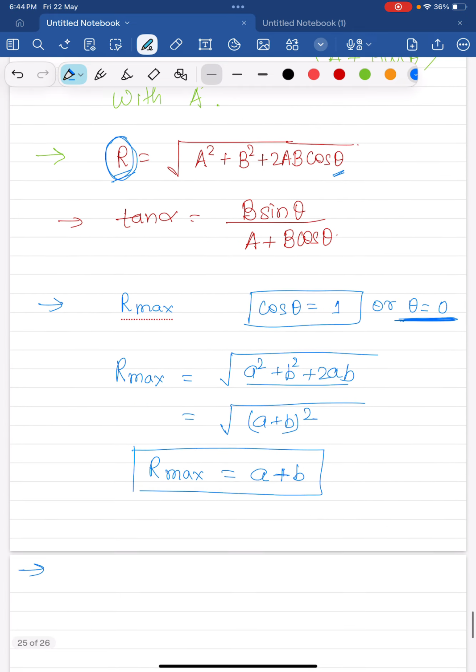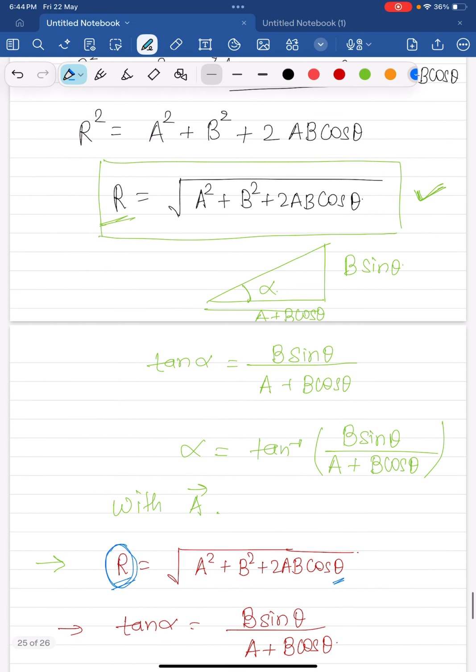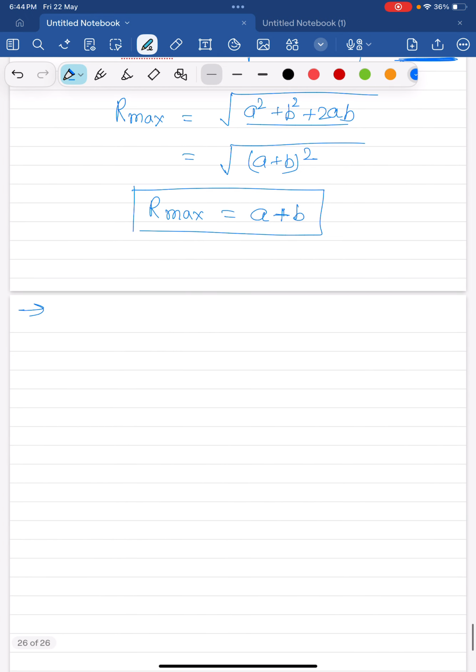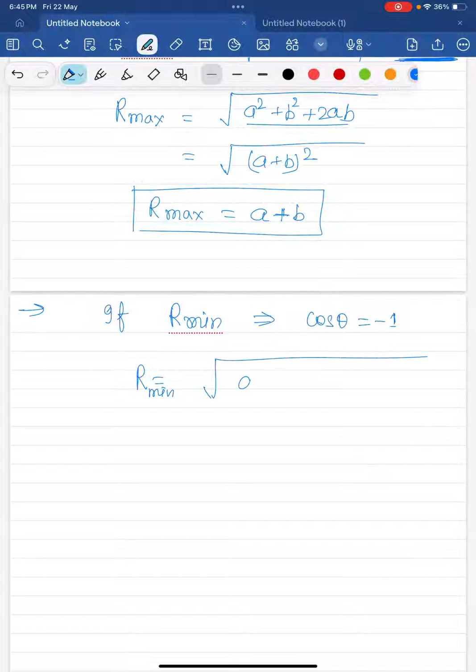Similarly, if the value of cos theta is minimum, then the magnitude of resultant vector will be minimum. So if the magnitude of resultant is minimum, this implies that the value of cos theta will be minimum, which is equal to -1. So if cos theta is -1, then r will be minimum, which will be equal to root over a square plus b square plus 2ab, where the value of cos theta is -1.